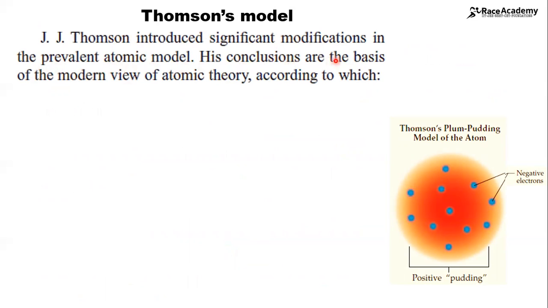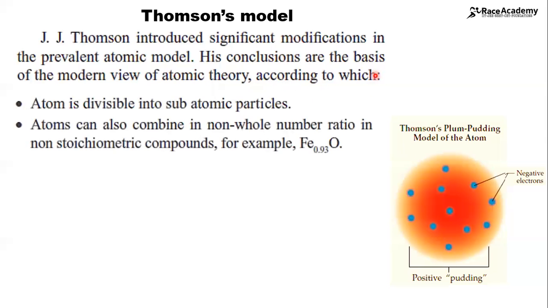These conclusions are the basis of the modern view of atomic theory, according to which the atom is divisible into subatomic particles, and atoms can also combine in non-whole number ratios in non-stoichiometric compounds. For example, iron oxide Fe0.93O.